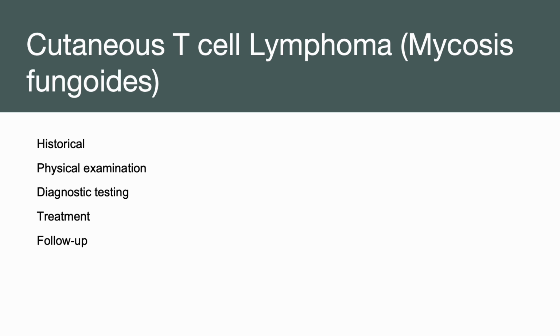Treatment with topical steroids and phototherapy, and there are systemic therapies for advanced stages. Follow-up is very important to monitor progression, and a multidisciplinary approach is important. I like to involve an oncologist with this.